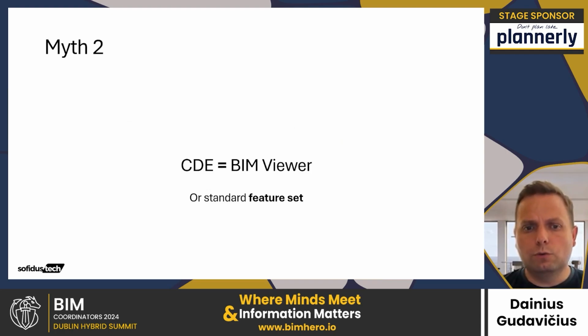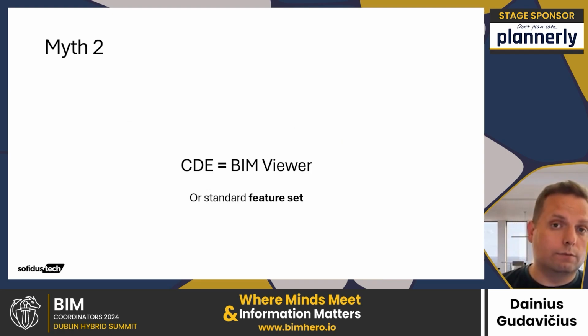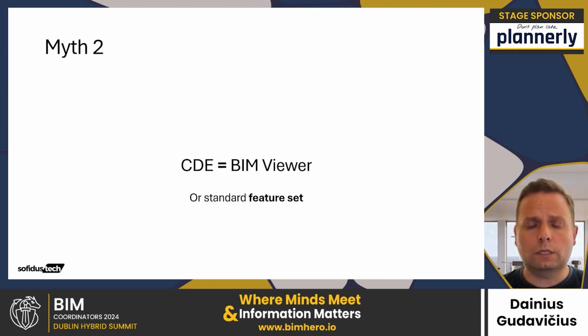And this can be used as a common data environment to share your data with third parties. The main thing that needs to be solved is your workflows. They need to be agreed, and all parties need to know where to put data and where to look for it, and how to backtrack all the tasks that have been done in the project.